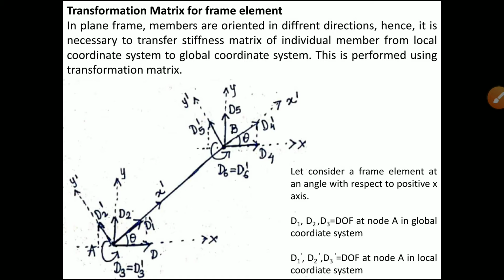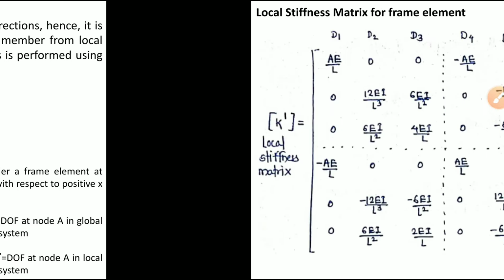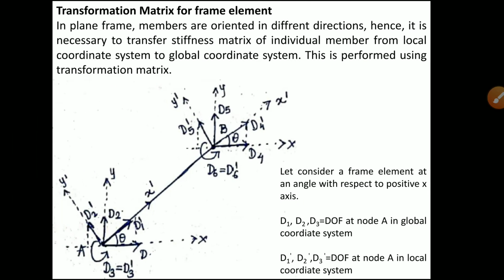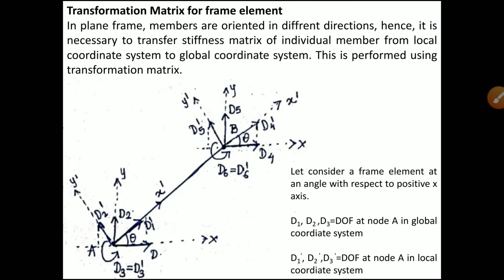As we know, in a plane frame the members are oriented in different directions, hence it is necessary to transform the individual member stiffness matrix that we have derived, which is for the AB member, a horizontal member, into a global coordinate system. That is performed using this transformation matrix.